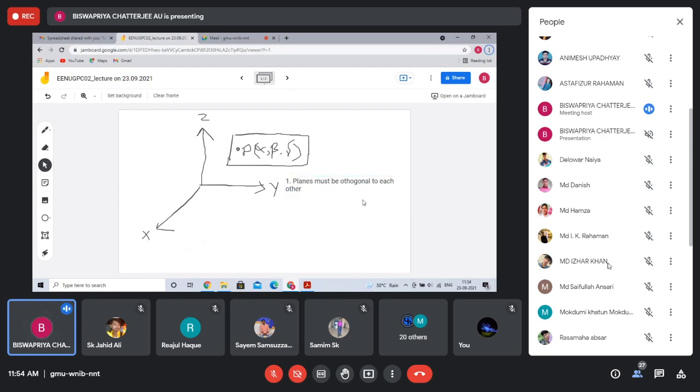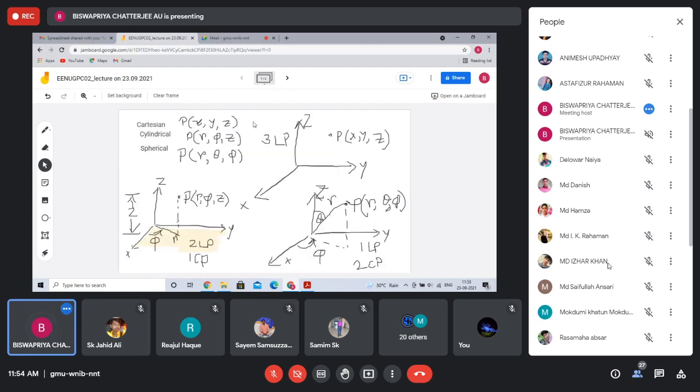Planes means these three respective planes. These three respective planes that are generated must be orthogonal to each other.